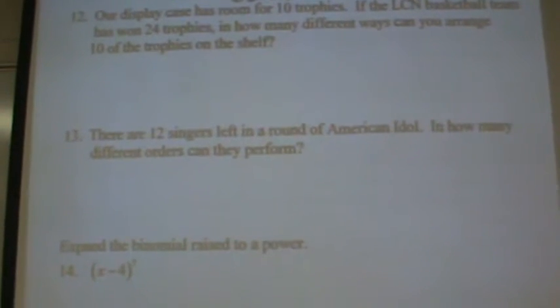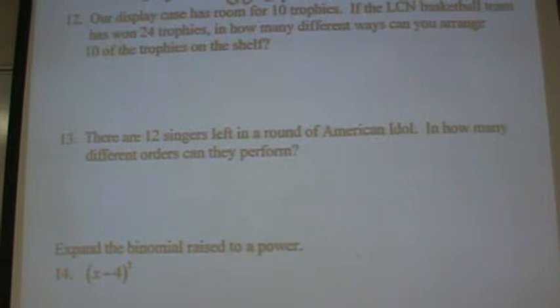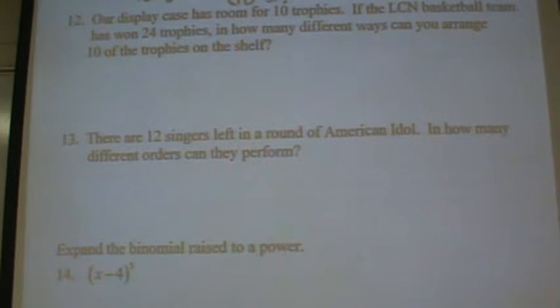Number 12. Our display case has room for 10 trophies. If the LCN basketball team has won 24 trophies, in how many different ways can you arrange 10 of the trophies on the shelf? So we have 24 trophies and we're picking 10 of them. Would order matter? For this one, order does not matter.